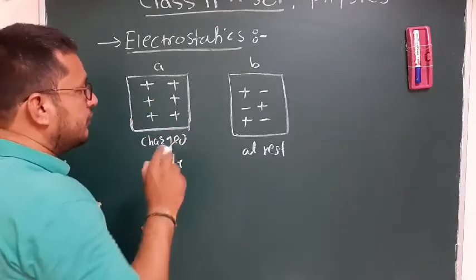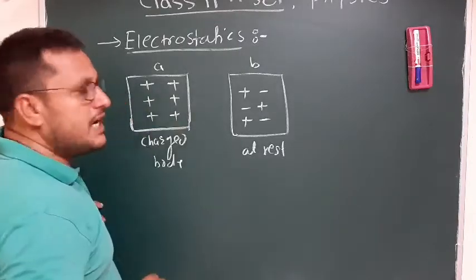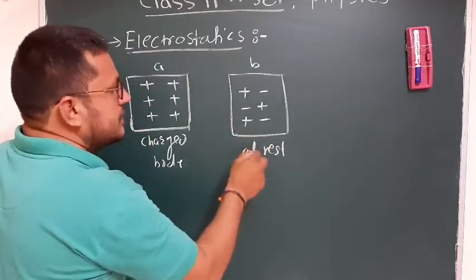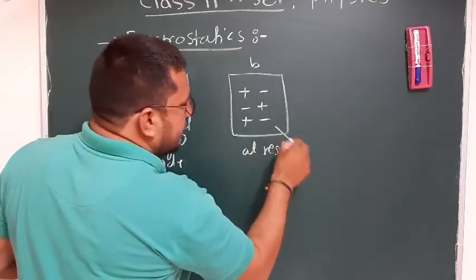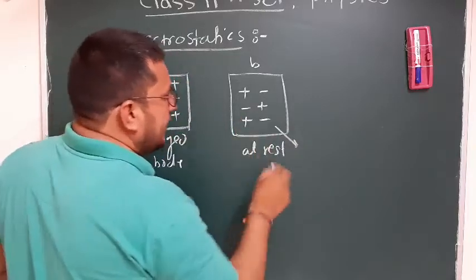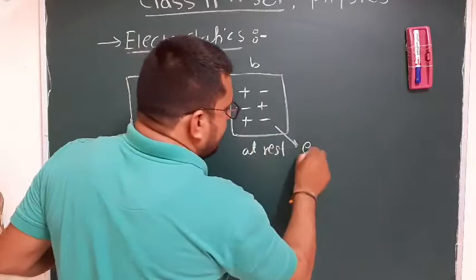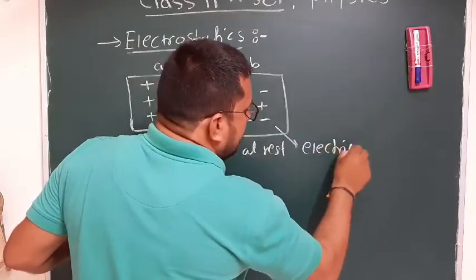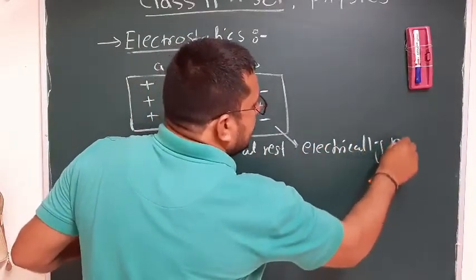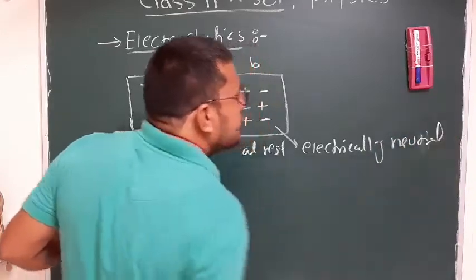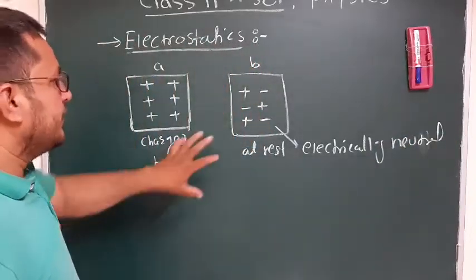If we move this positively charged body toward the rest body, then before applying any charge, this body is electrically neutral. There is no charge.